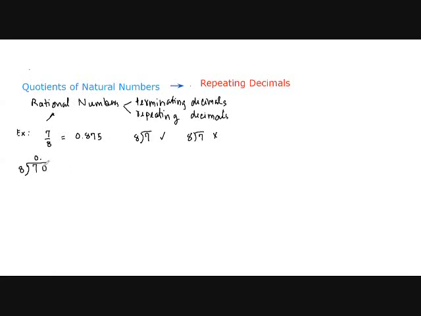Follow with a 0 here, so it becomes 70 divided by 8. 8 times 8 is 64, right?